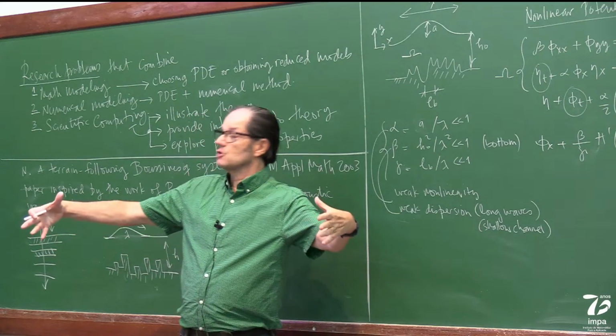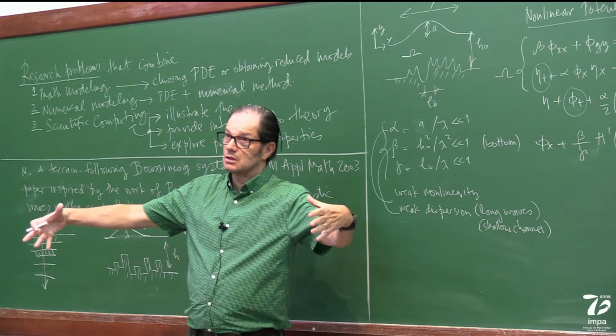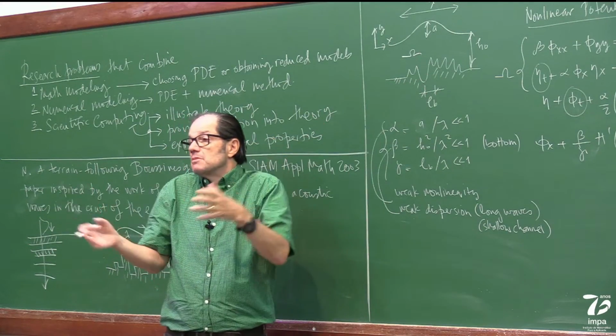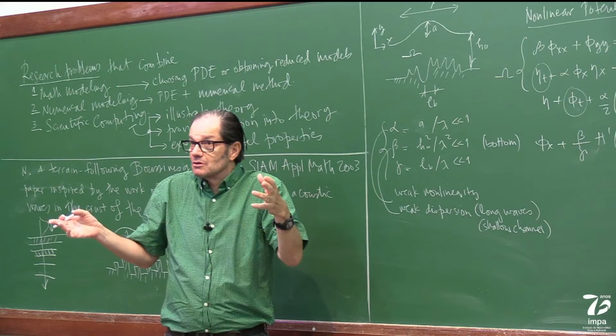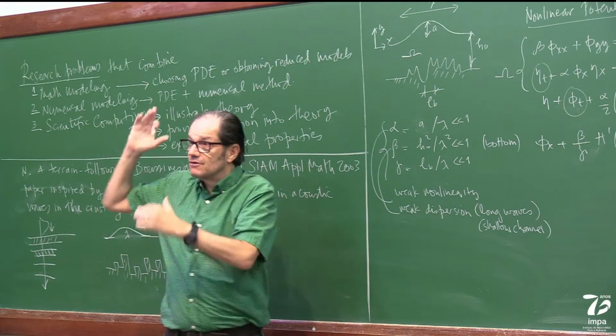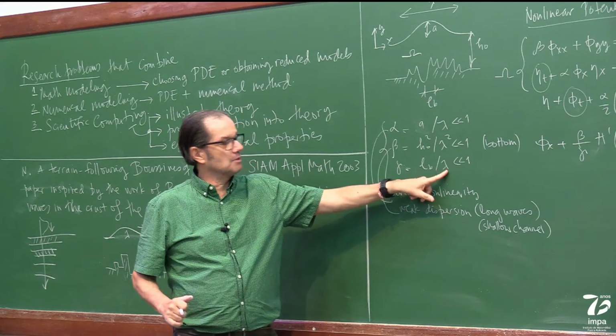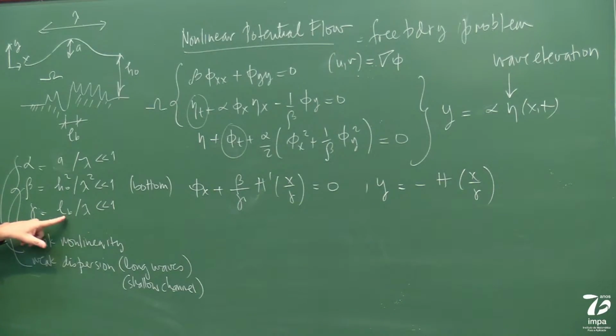A tsunami is like 100 kilometers long when it starts. So the microstructure is 100 meters, maybe even 1 kilometer can be a microstructure, because it's all relative length scales, right? So if a tsunami is 100 kilometers and this is 500 meters, this is a small parameter, okay?